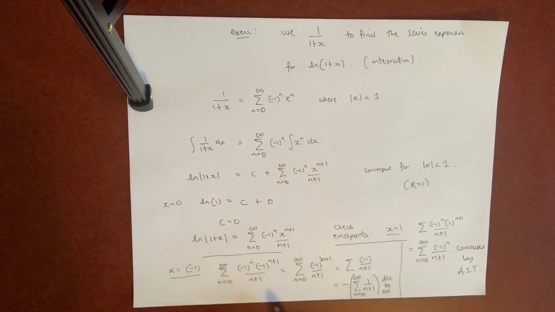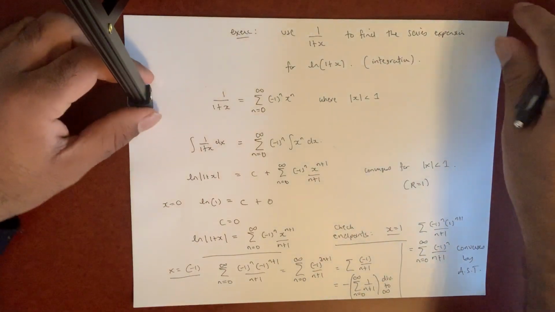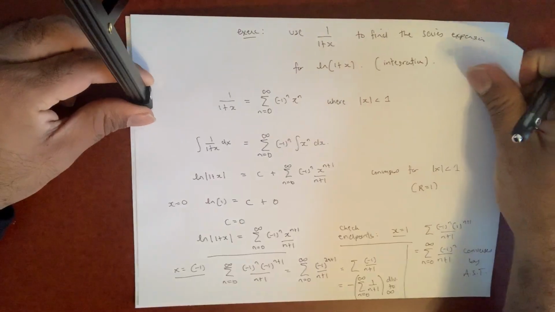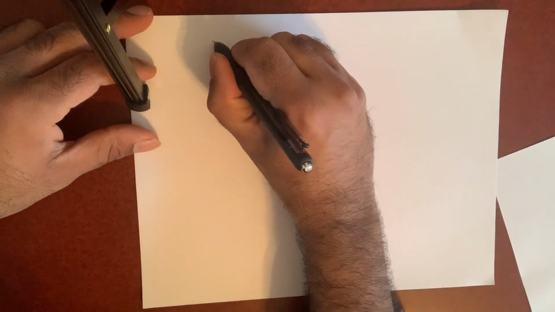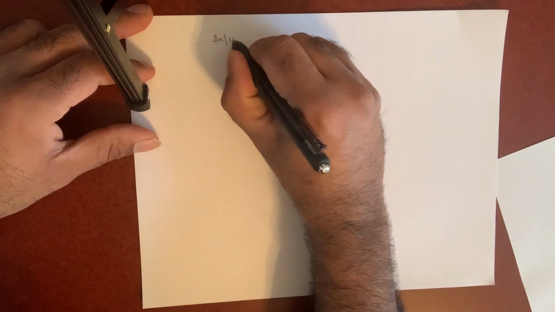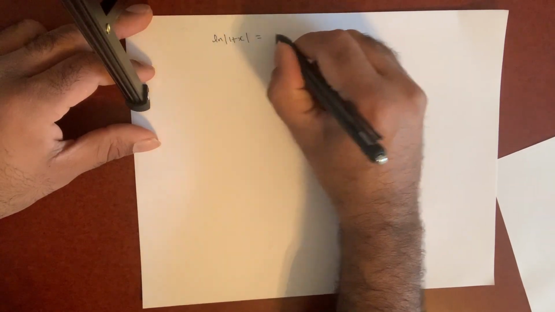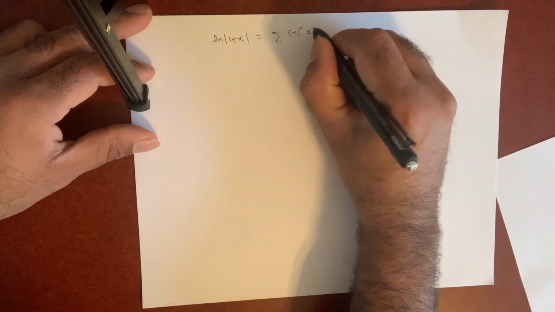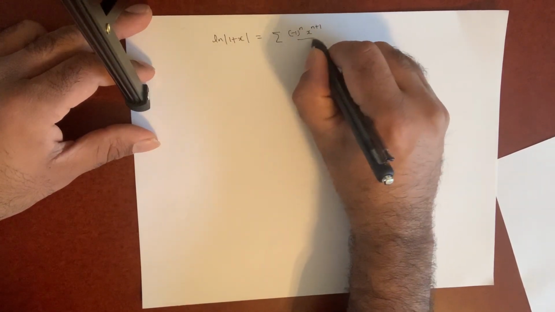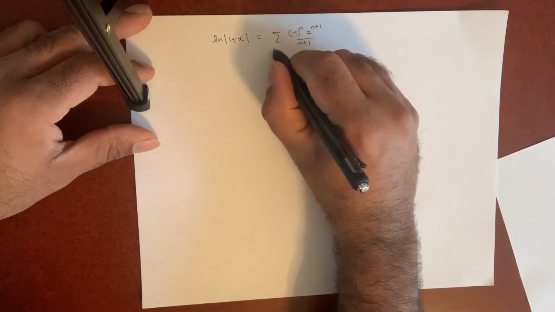So let me summarize what we have: ln of the absolute value of 1 plus x is equal to the sum of negative 1 to the n, x to the n plus 1 over n plus 1.